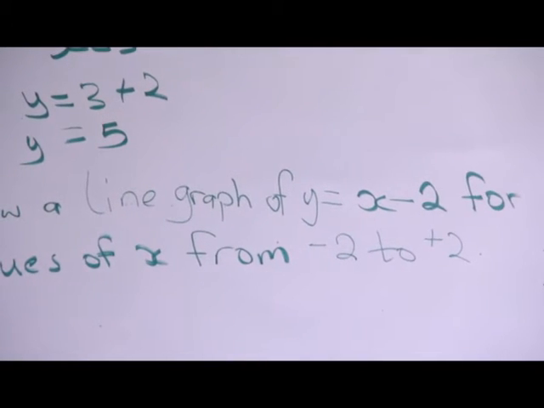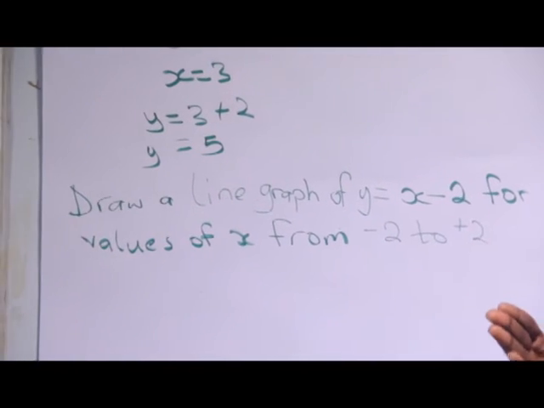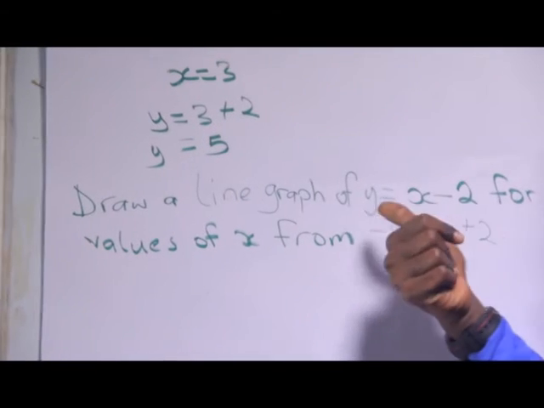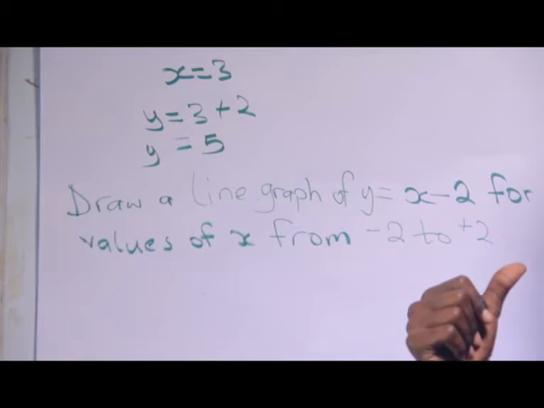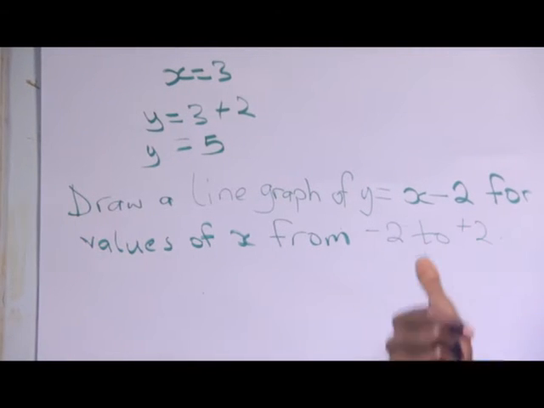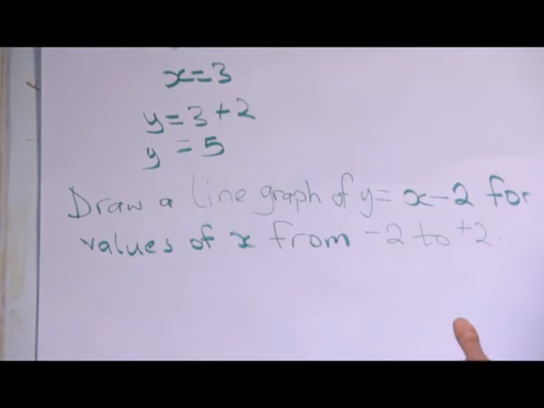So what they are saying is that draw a line on a graph whose equation, the equation of that line is y is equal to x minus 2, and the x values given in this case range from -2 up to +2.